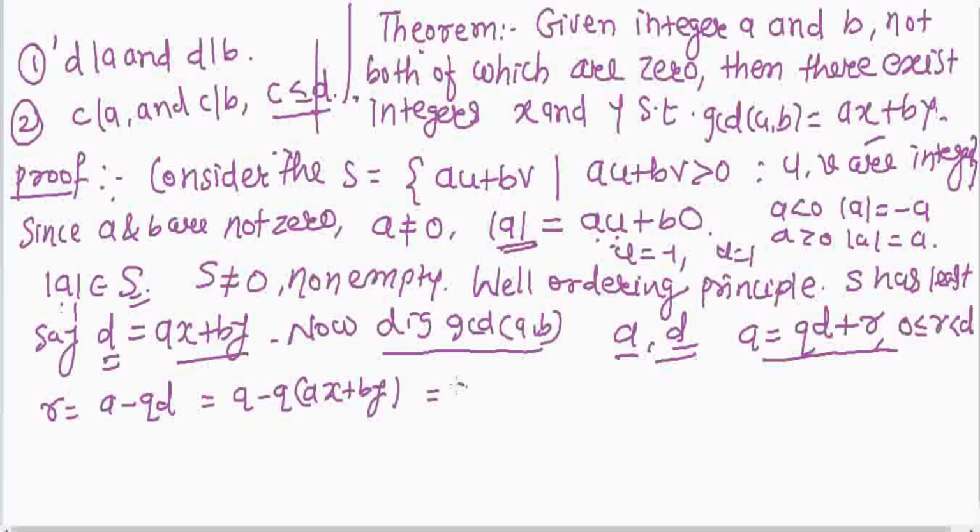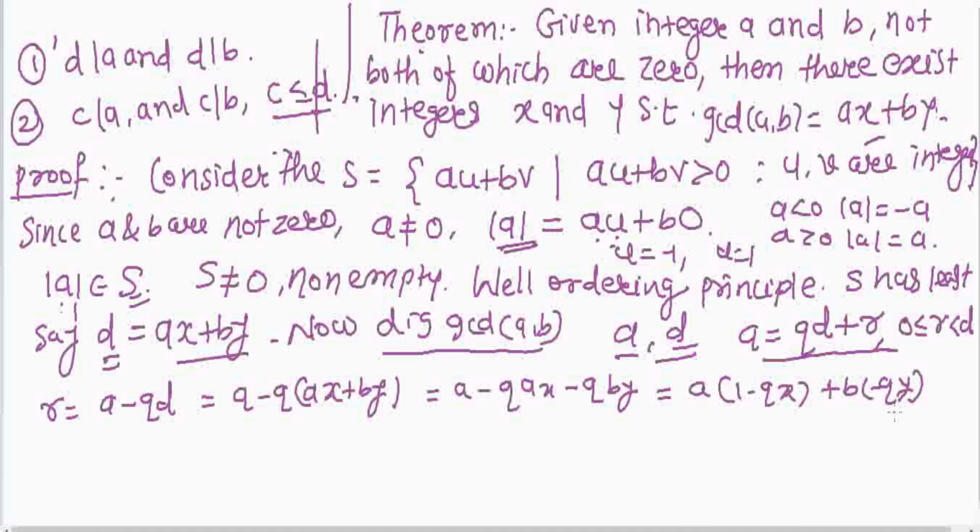This is equal to A minus QAX minus QBY. Taking A common from the first two terms, we get A into 1 minus Q into X, plus B into minus Q into Y. So this shows that R is again of the type AX plus BY.